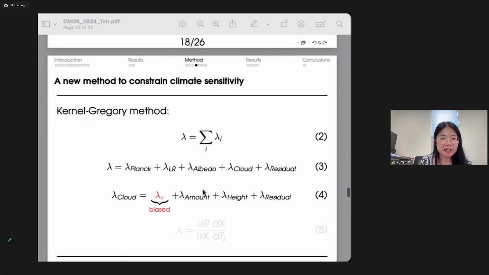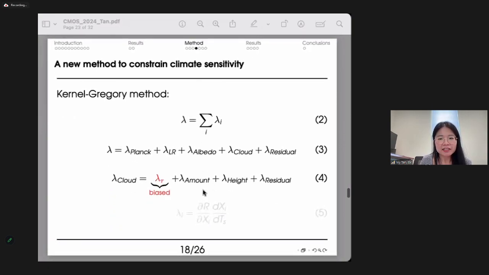But the cloud feedback is decomposable into further components. So we have our good old lambda sub tau variable here that we know is biased because of its large spread, as we saw earlier. But there are also other cloud feedbacks due to changes in the horizontal extent of the clouds and also the height of the clouds.